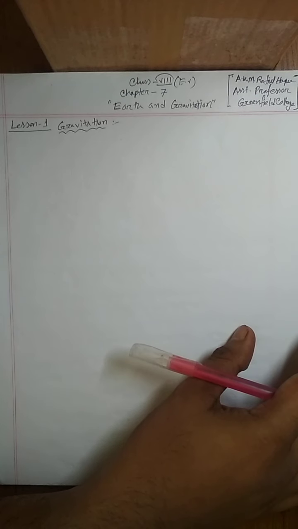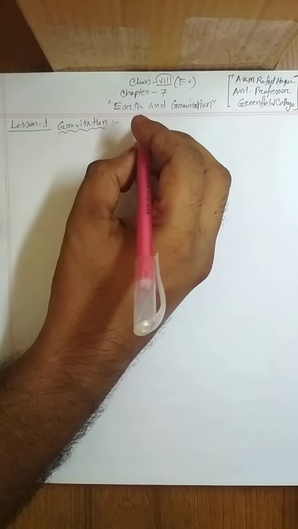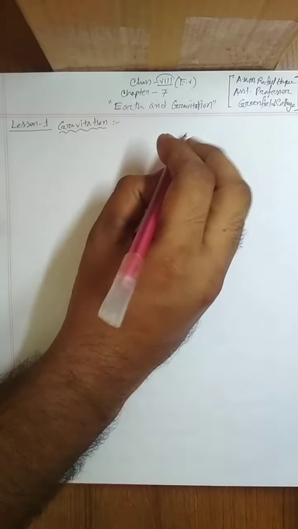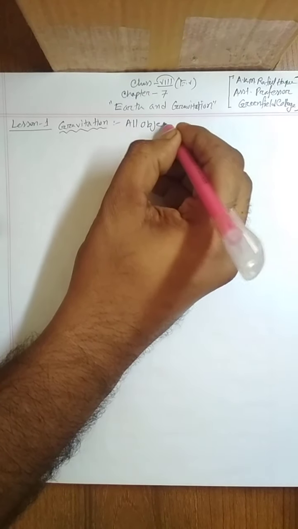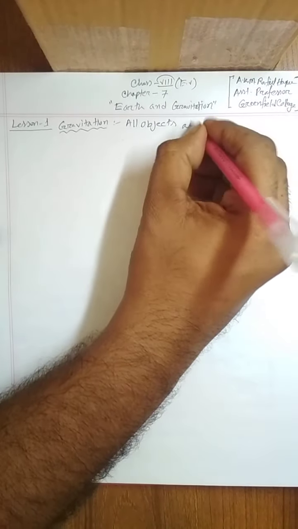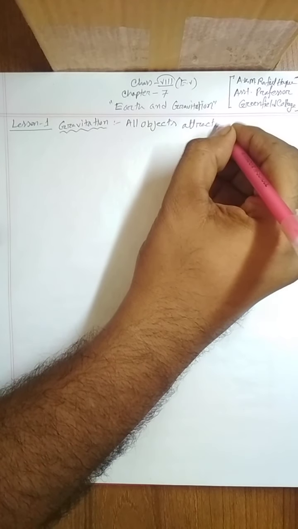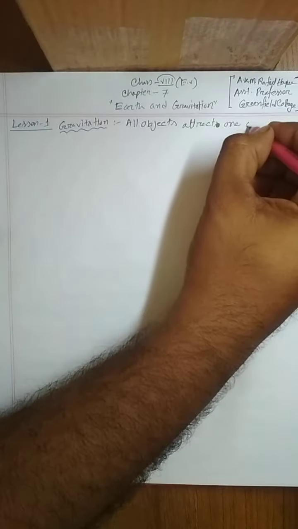It is not only the earth that attracts us. In fact, all the objects in the universe attract each other. And this universal attraction force is called gravitation. So what is the definition of gravitation? All objects attract one another.